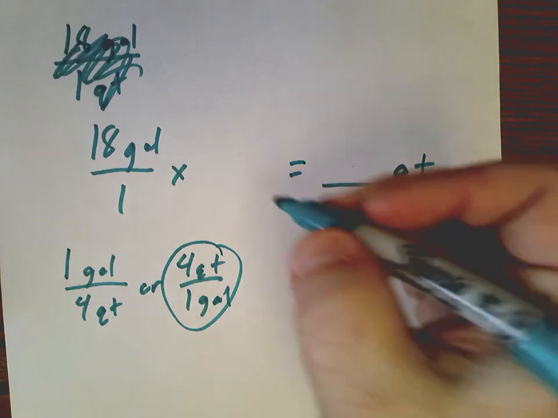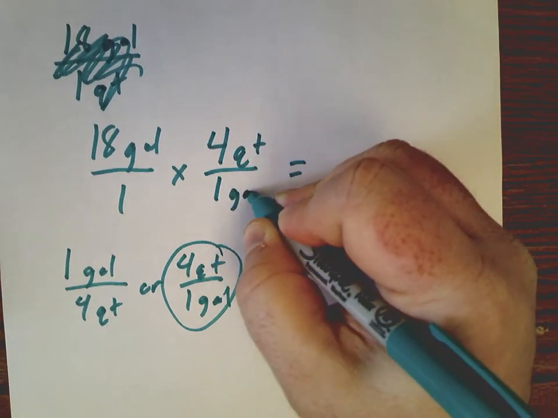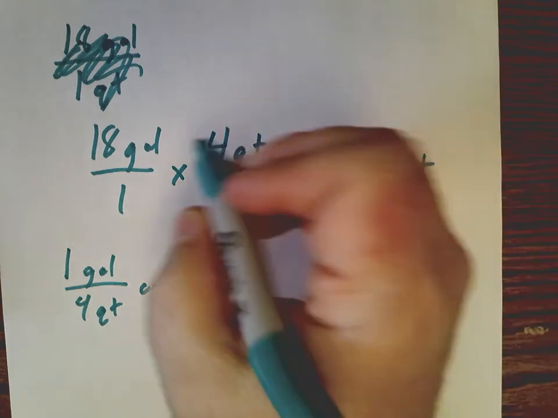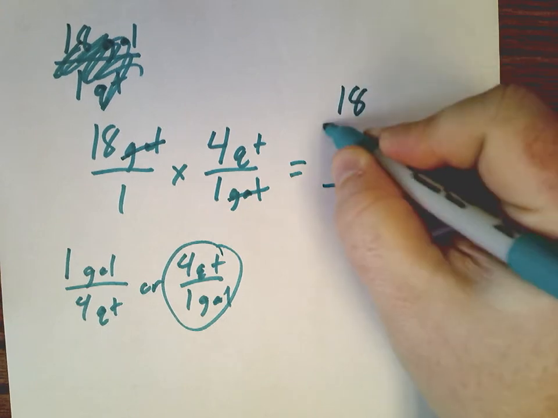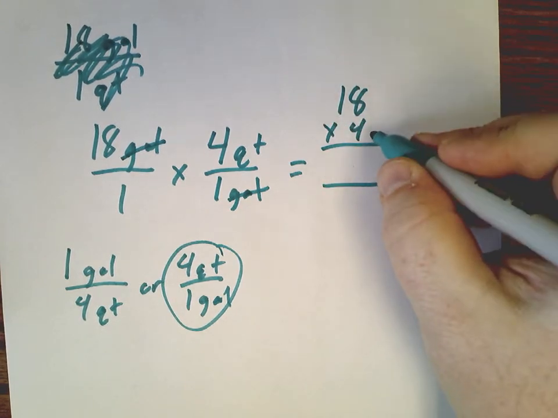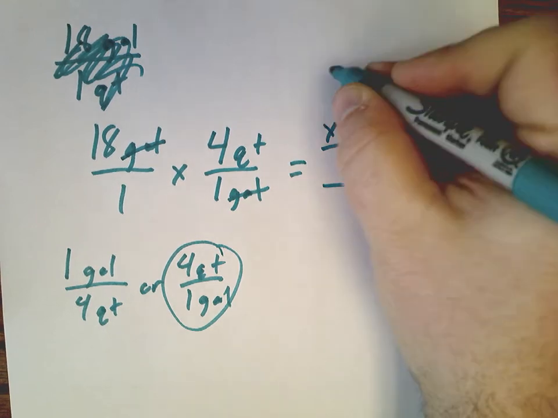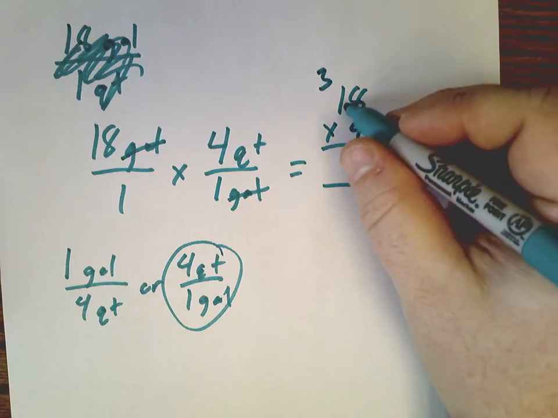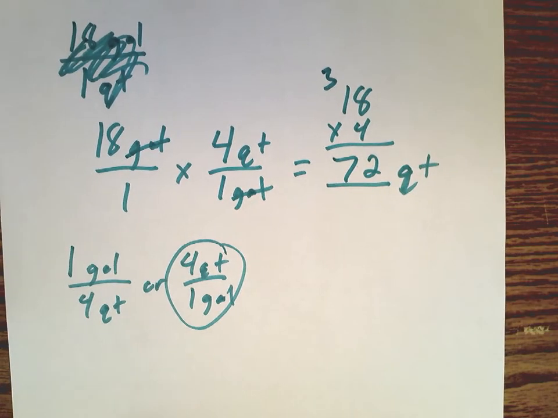So this is the winning ratio here, times 4 quarts over 1 gallon. Gallons divided by gallons, that cancels out, leaving us with 18 times 4. So 8 times 4 here is 32. And then 4 times 1 is 4, plus 3 gives us 72 quarts.